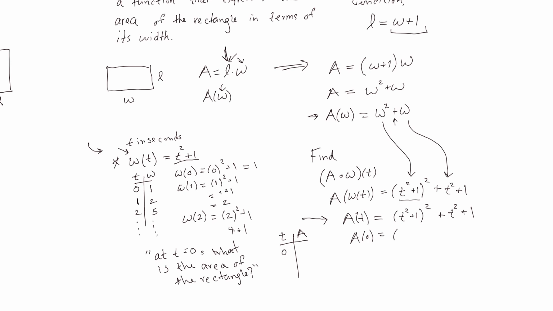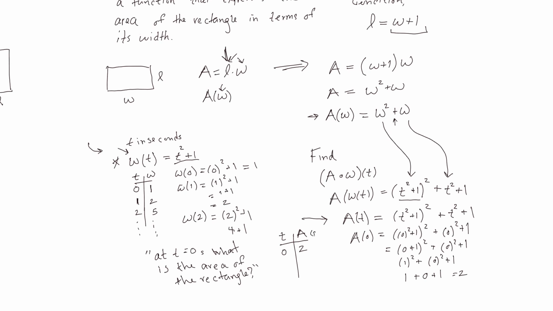A of 0 will be the quantity 0 squared plus 1 squared plus 0 squared plus 1, which becomes 0 plus 1 squared plus 0 squared plus 1. Simplifying this, we get 1 squared plus 0 squared plus 1. 1 squared is 1 plus 0 plus 1, which is 2. So when t equals 0, the area is 2.